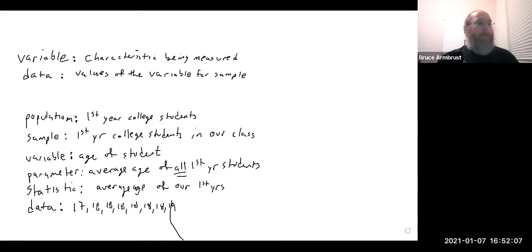Okay, so a couple more terms that go along with what we're talking about here. I want to talk about the difference between the ones that give us actual numbers versus those that give us things like favorite color. So we have two different names for those types of statistics, and they are qualitative and quantitative.